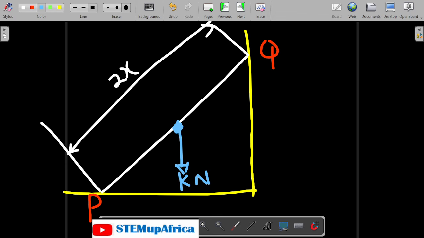It simply means from the center to point Q is x, while the center to point P is also x, so the total length will be 2x.